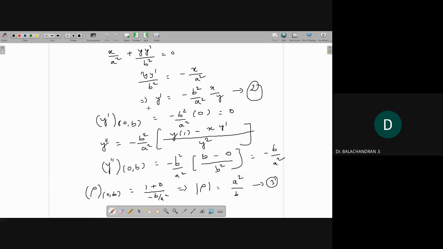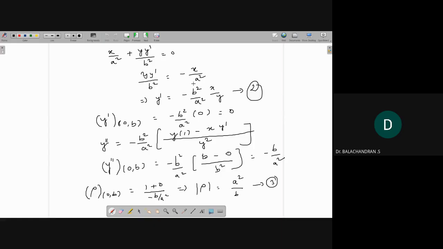Now I am going to find y dash at the point capital B. Capital B is 0 comma b. So x is 0 and y is b. When x is 0, everything is 0. So y dash at the given point is 0. Next we need to find y double dash.